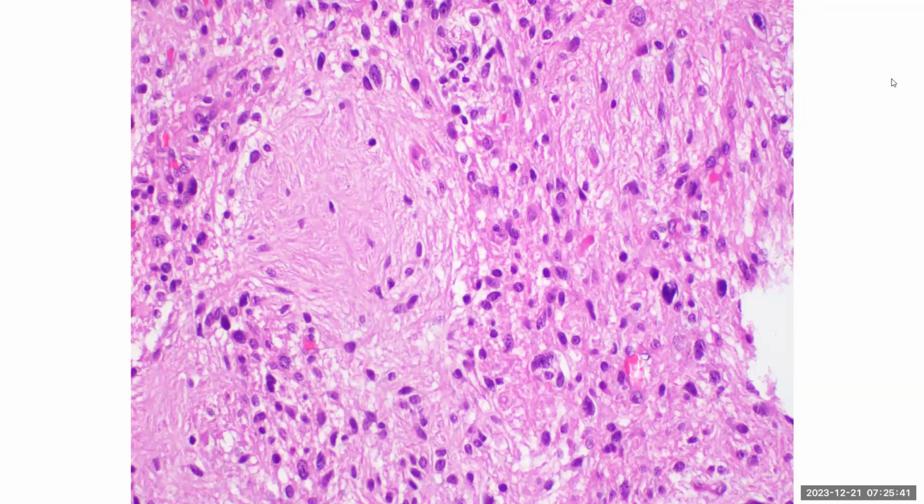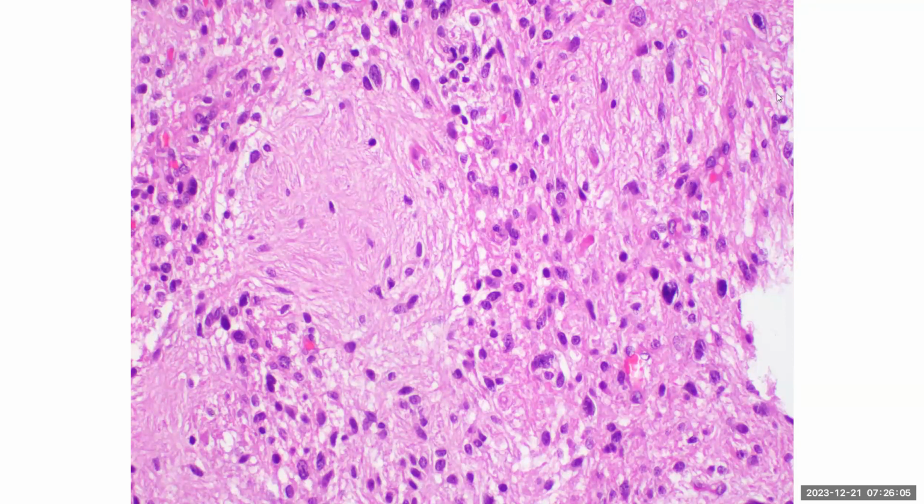And you can see at this power the distinct fibrillary background, which are the processes of the cells that constitute the tumor. Once again, at the very top right, you can see big enlarged tumor cell nuclei with considerable atypia. No mitosis again.